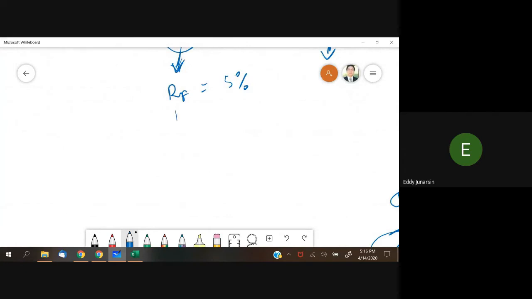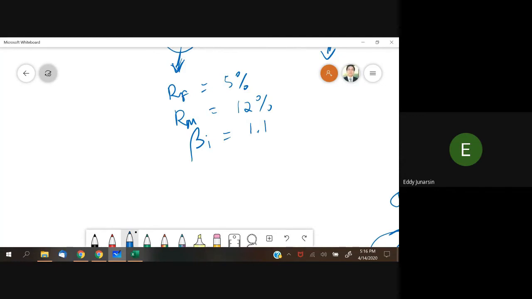Let's say the market return, which is also unstable in the current years, is 12%. And this company or this security has a beta of, let's say, 1.1, pretty close to 1.